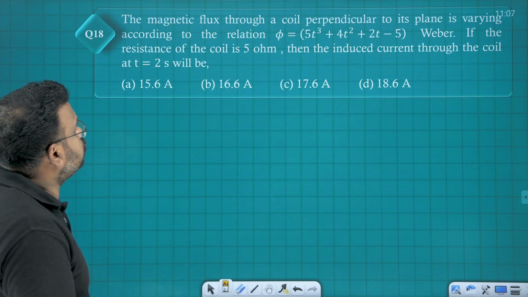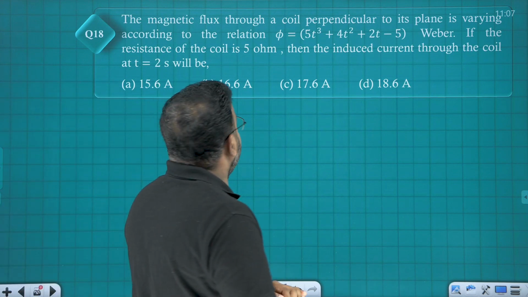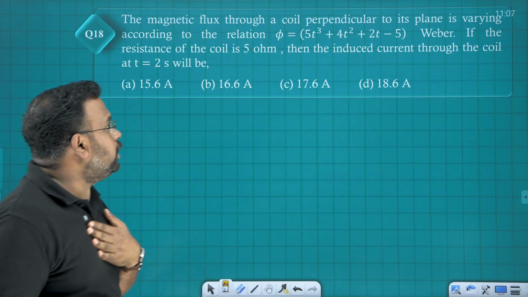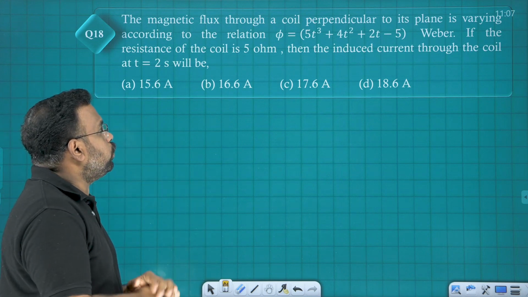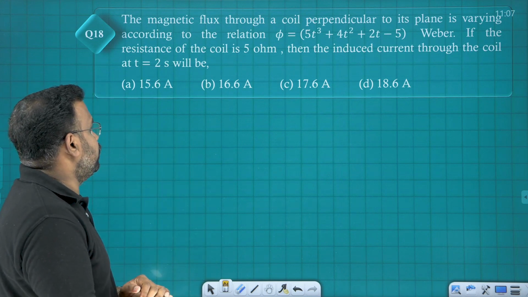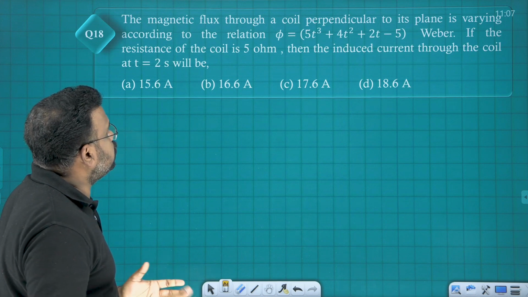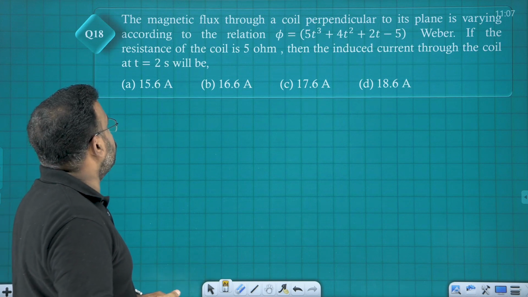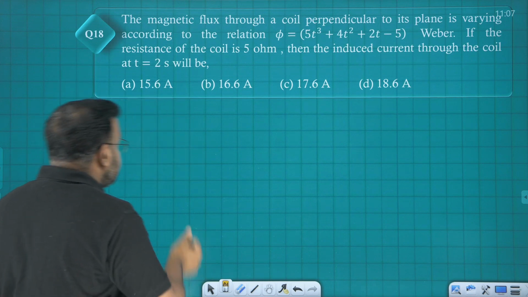The magnetic flux through a coil perpendicular to its plane is varying according to the relation phi is equal to 5t cube plus 4t square plus 2t minus 5 Weber. If the resistance of the coil is 5 ohm, then the induced current through the coil at t is equal to 2 seconds will be? Easy question.